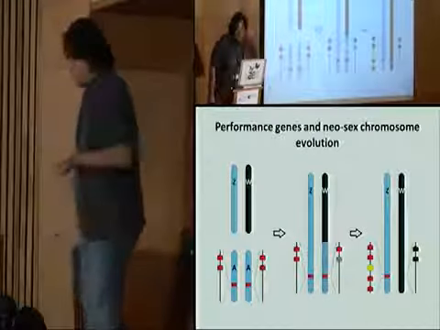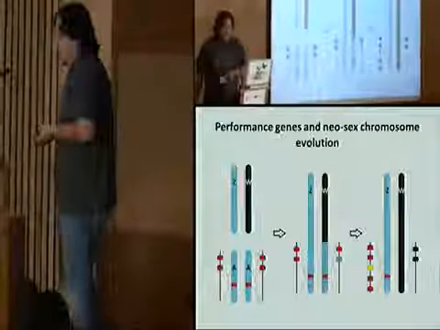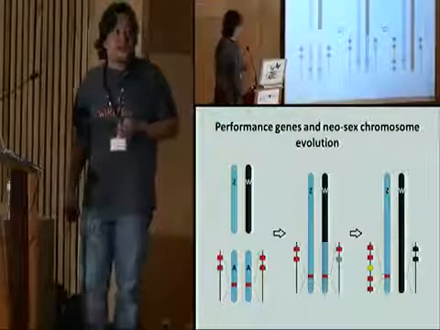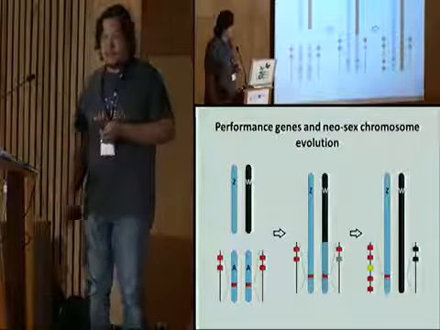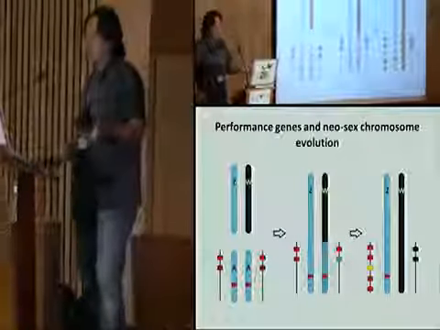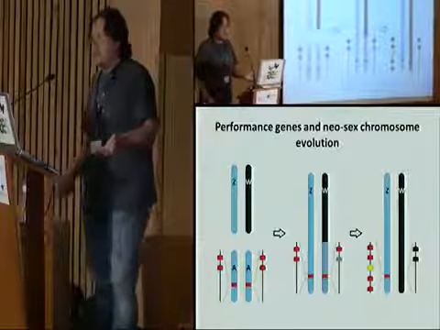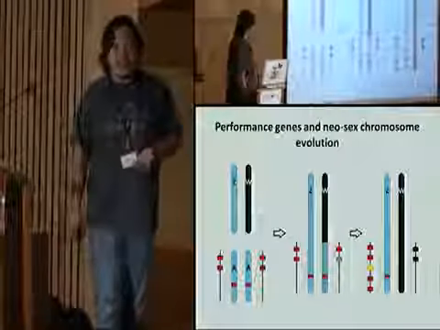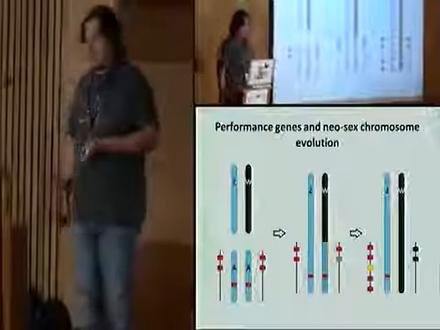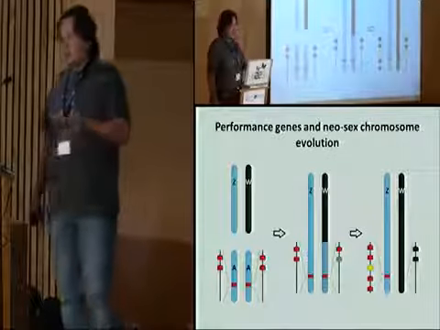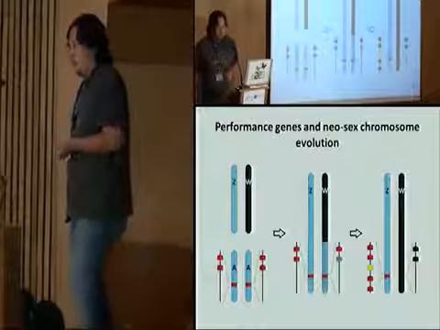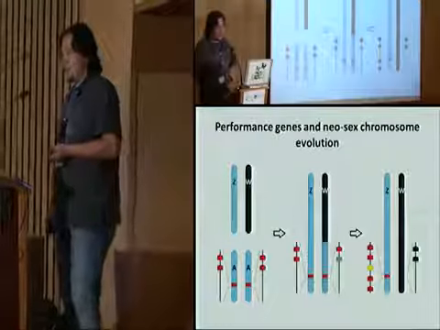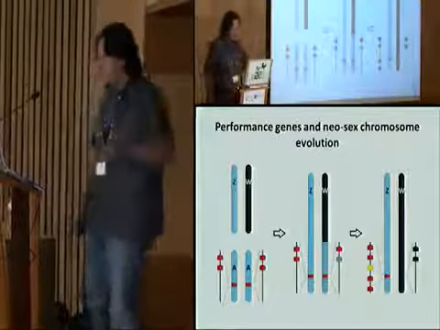This will cause environmental stress, and therefore there should be selection for some compensation. And as I said, there is no global dosage compensation in Lepidoptera. But it was shown, for example, in case of metabolic resistance to insecticides, that such stress could be solved by amplification of detoxification genes, these performance genes.